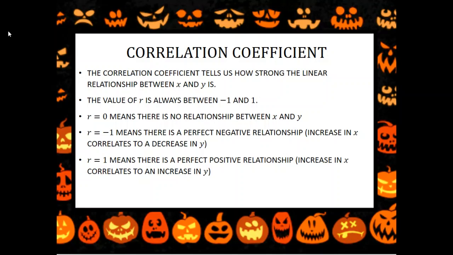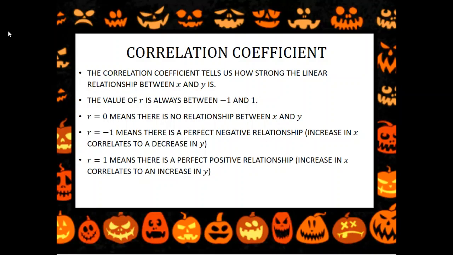I don't know, number of absences and grade maybe are correlated. The more absences, the lower your grade. The less your grade. Mine's not working today. So again, negative relationship means an increase in x gives a decrease in y. Positive, an increase in x means an increase in y.